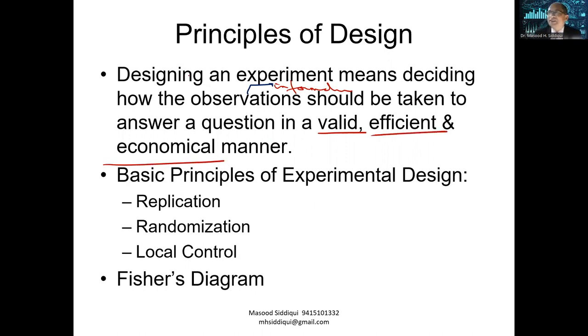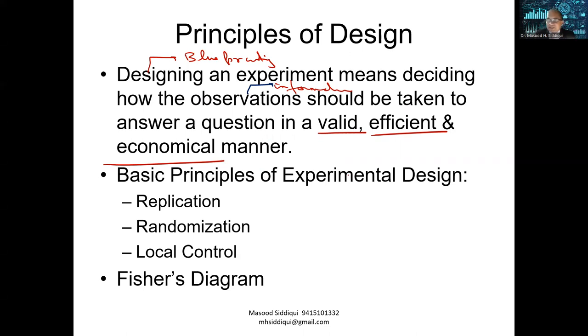So again, it is related to designing. Designing means some type of blueprinting. Some type of blueprinting is being attempted. And why is this being attempted? To decide how the observations should be taken to answer a question in a valid, efficient, and economical manner. So these are the characteristics.